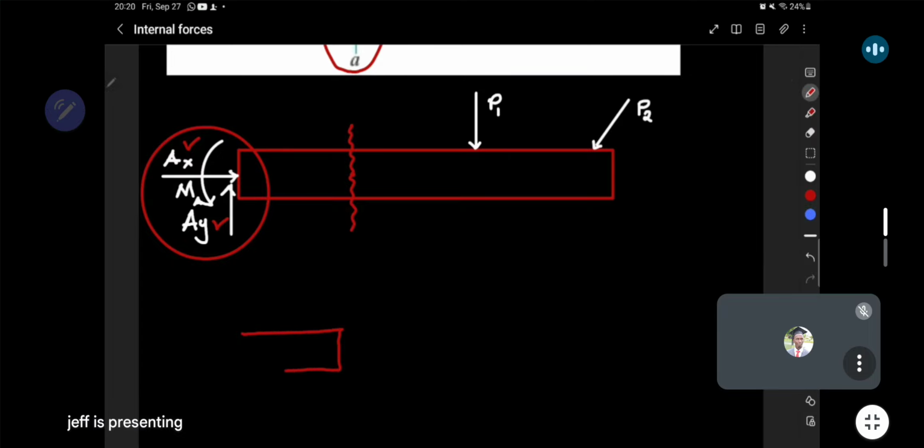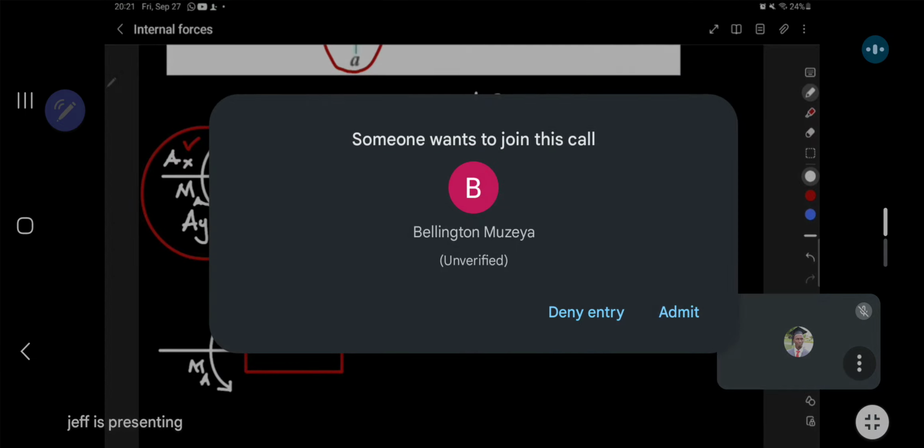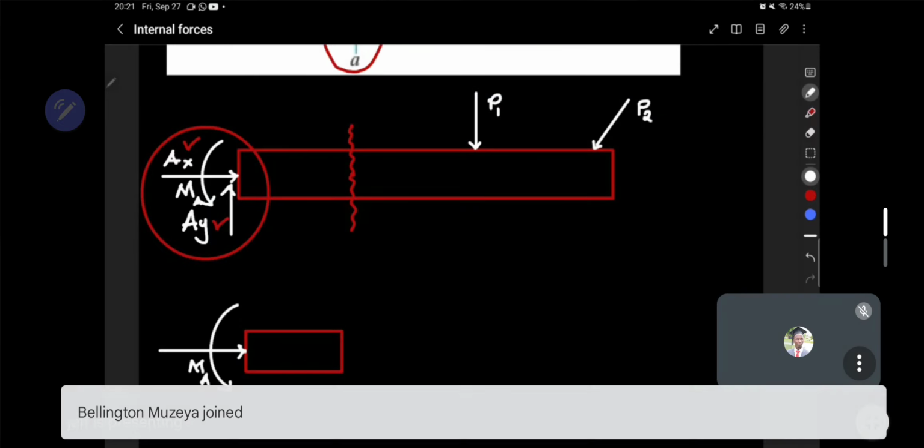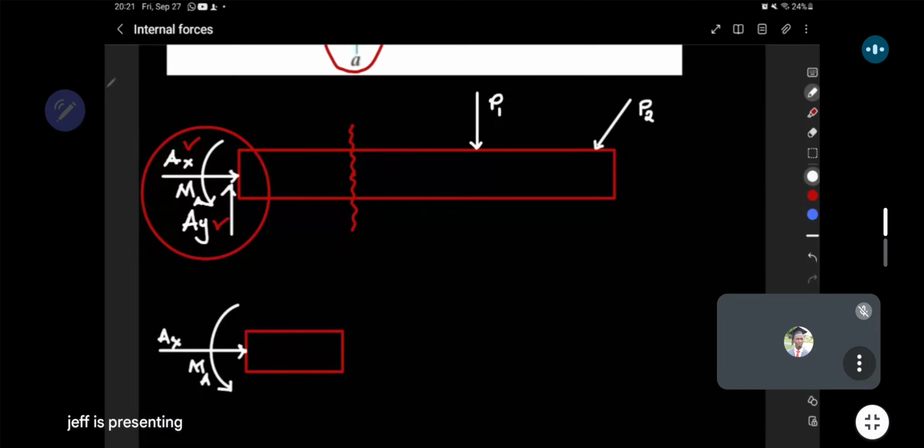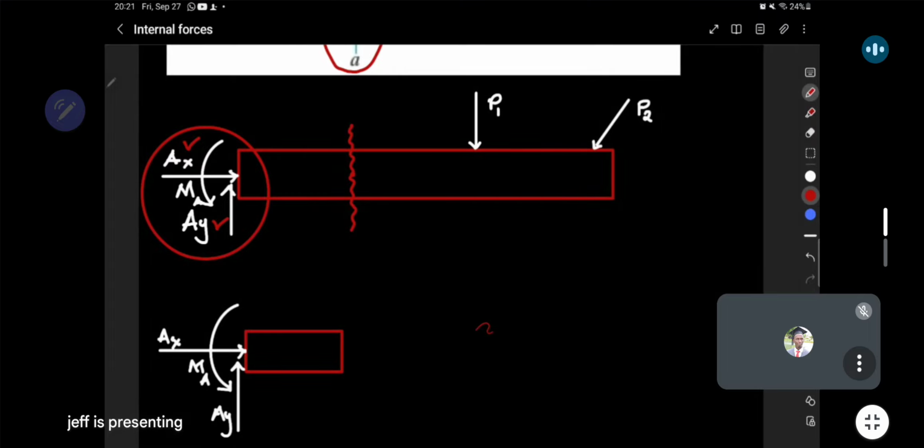You have one piece which is to the left of point B. This piece will have the moment at point A, the horizontal reaction at A, and the vertical reaction at point A. And the section to the right of point B, what will it have?